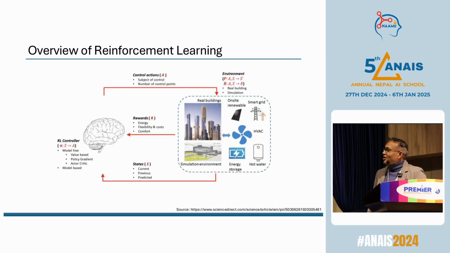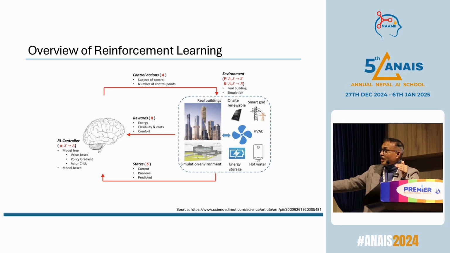But not only this one. You can see something like this in some research papers. Let's see what happens here. Suppose somebody is trying to solve a problem related to energy. We have the energy system out here, and this can be considered as an environment.